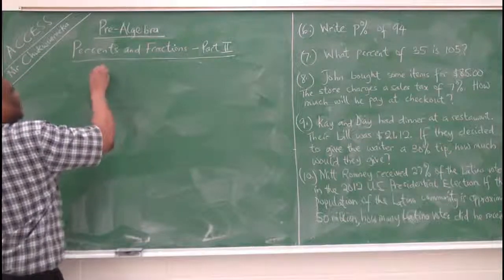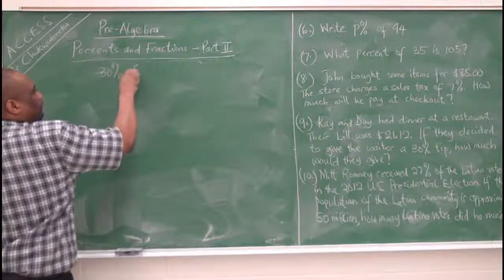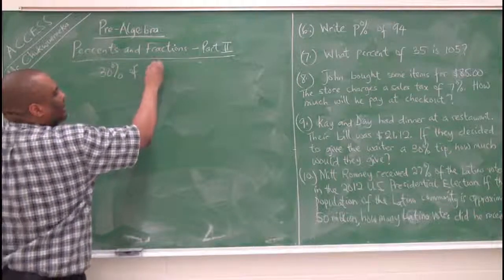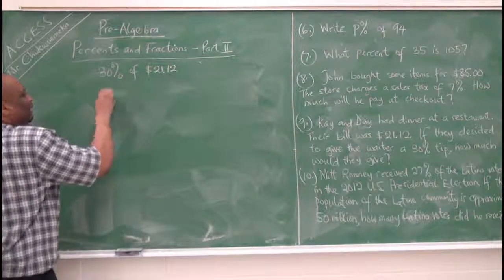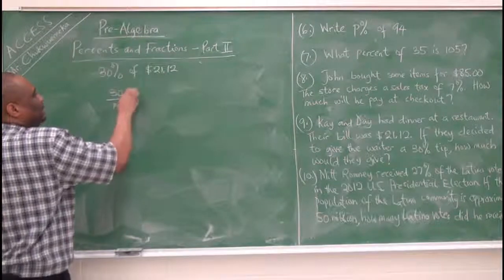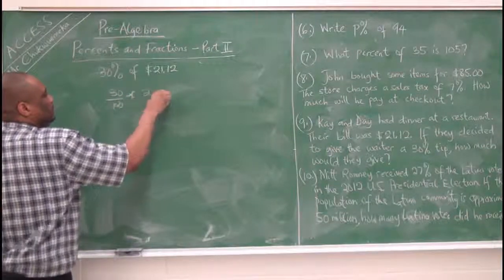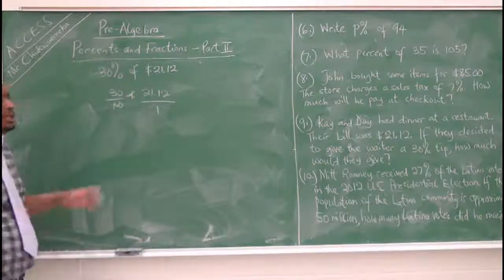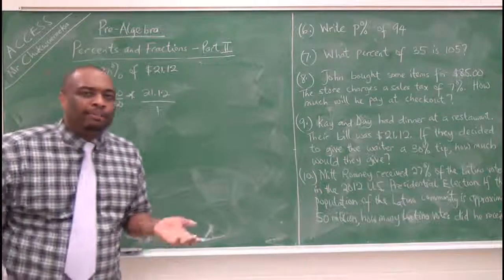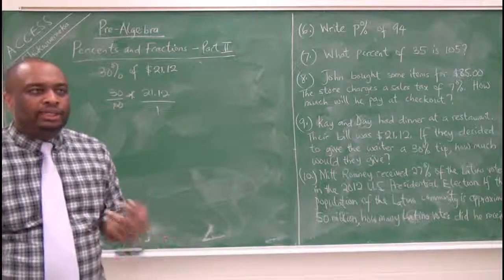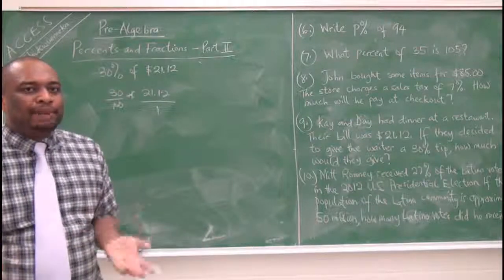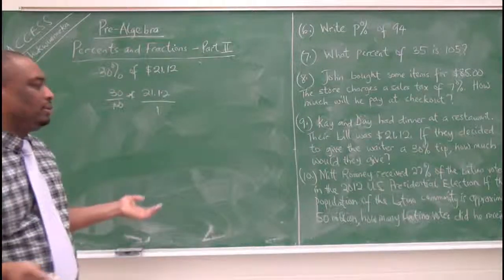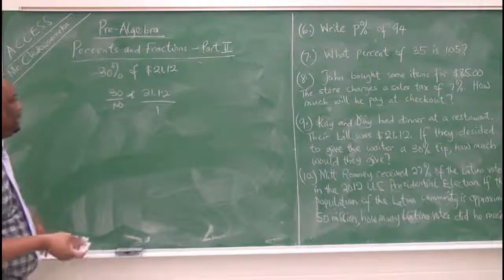So 30% of their cost, the cost of the meal. So that is 30 out of 100 times $21.12. So when you see a word problem, don't be scared. Just try to read it and understand it first, because it might be so easy, just like this one.